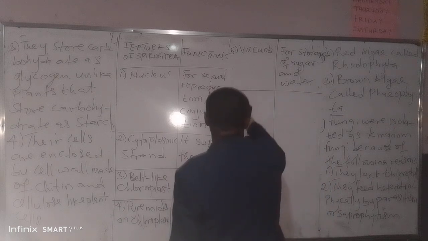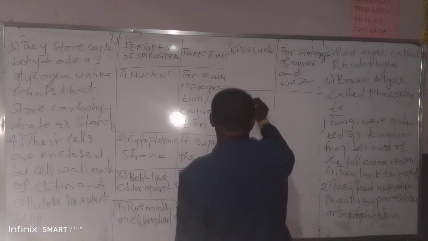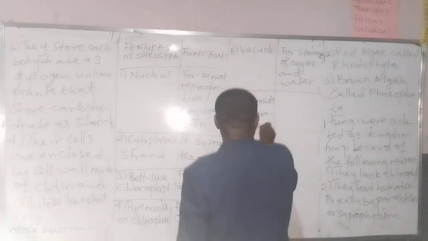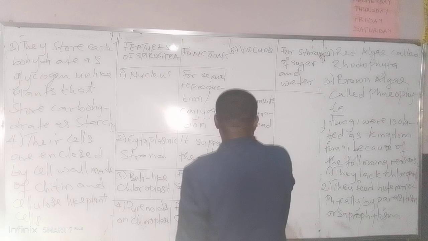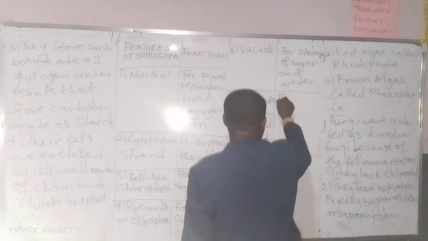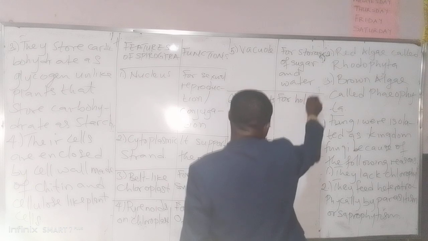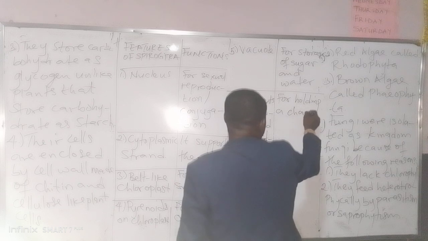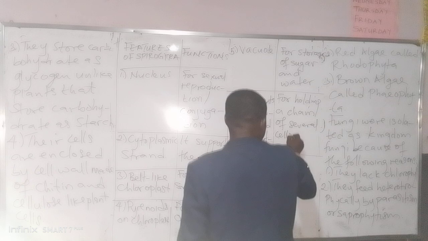Then we have filaments. Two parallel threads, thread-like structure, for holding a chain of several cells of Spirogyra.